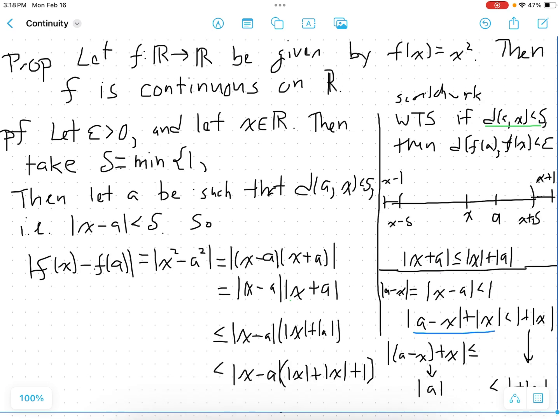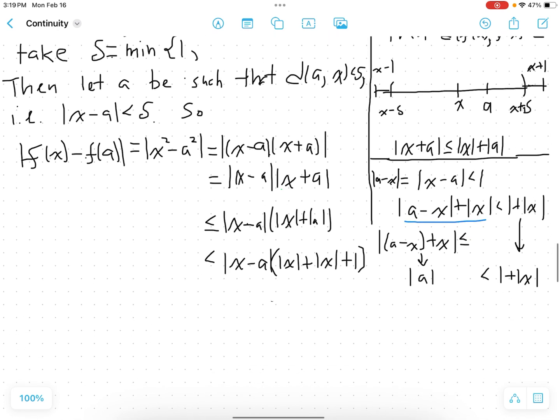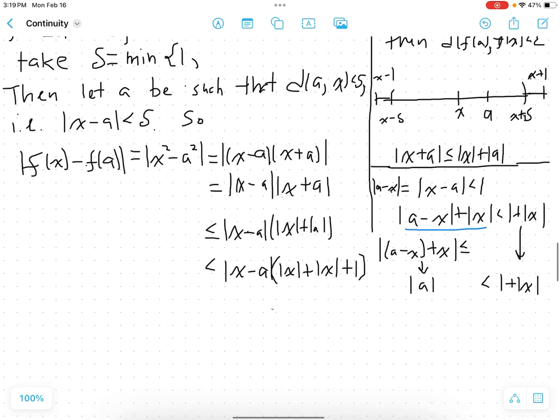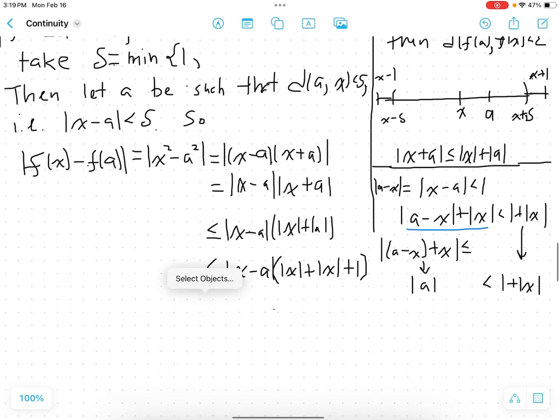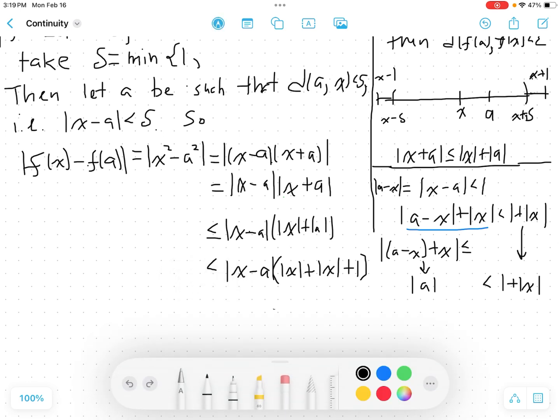So we can rewrite that bit as the absolute value of x minus a times 2 absolute value of x plus 1.